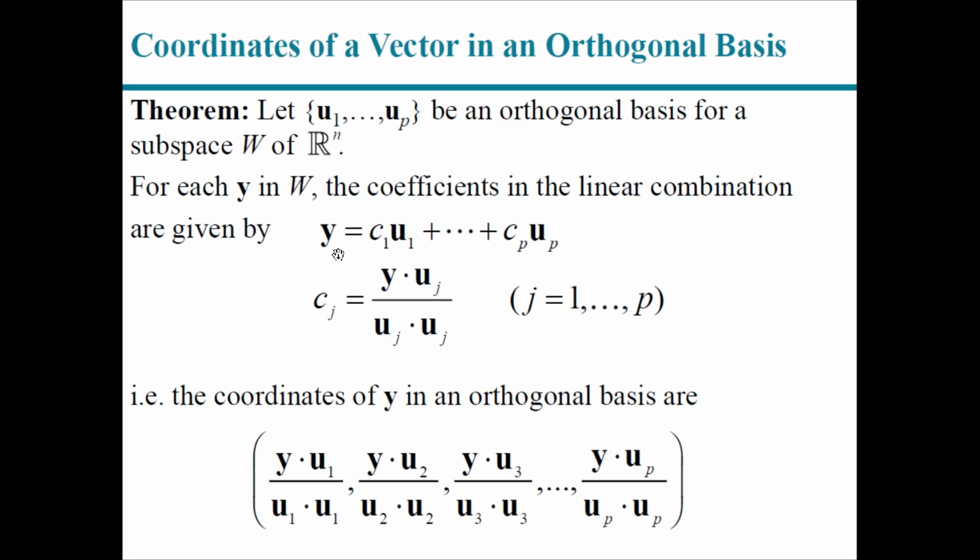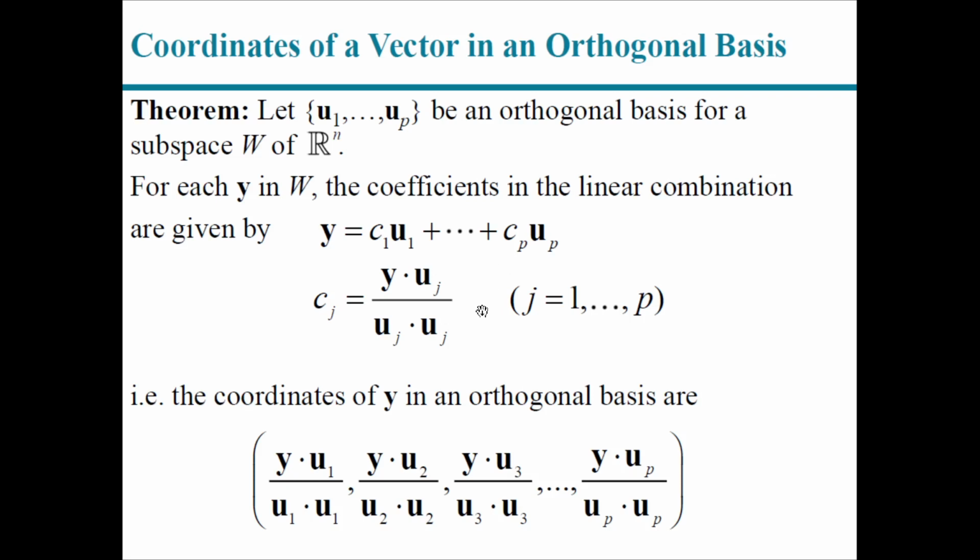So I have a vector y that belongs to subspace W, and this is an orthogonal basis for W. So obviously y is a linear combination of basis vectors. Now what we want is c1, c2, c3, cp. These coefficients are the coordinates of vector y in this orthogonal basis u1, u2, u3, up.